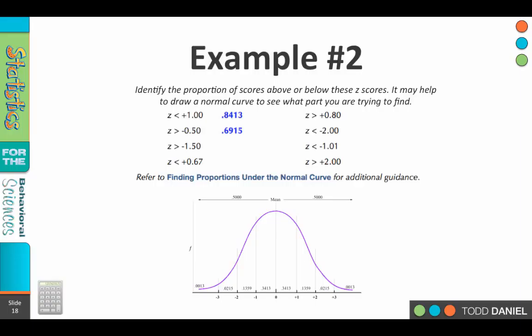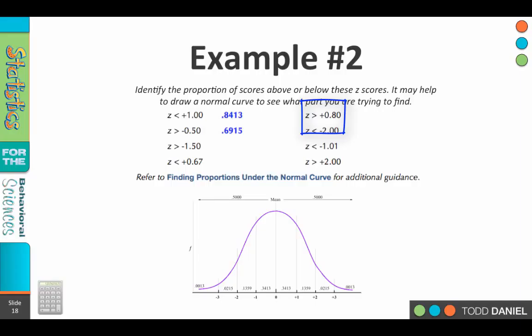Now, before you pause the video, let me point out what we would do for some different types of setups. It could be that we'll be subtracting from 0.500. So for instance, the fifth example, z greater than positive 0.80.